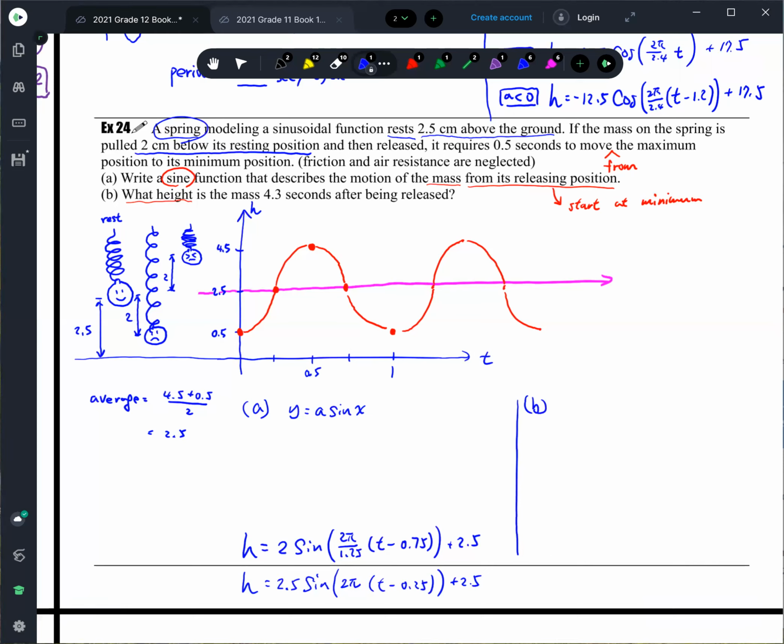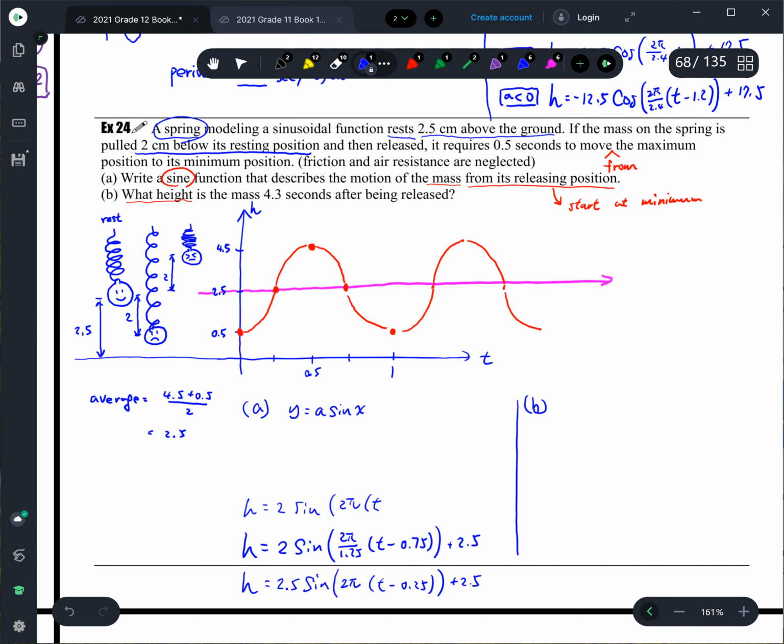Okay, which part? So do you want to share? What's yours? Okay. 2 sine 2 pi t minus 0.25 plus 2.5. Okay, so kind of a combination of those two, right?